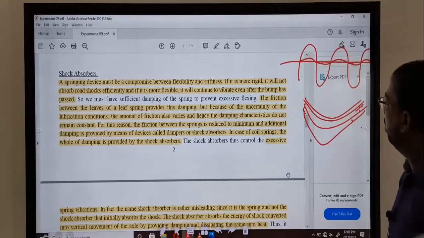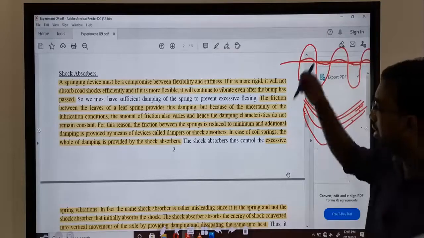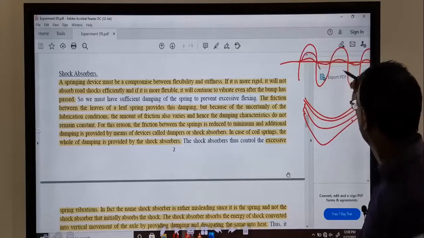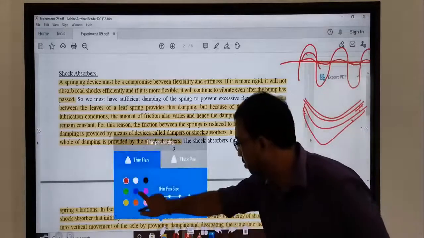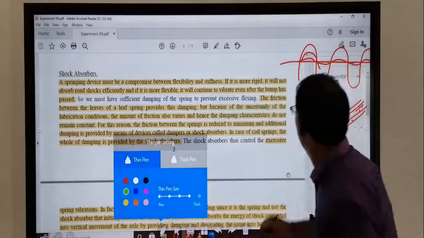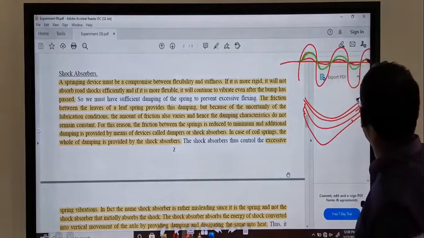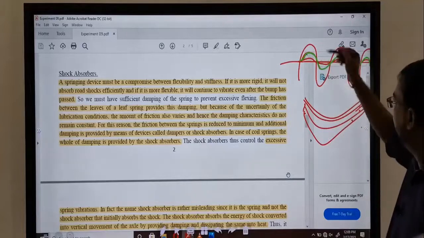So damping means we have to reduce this flexibility, reduce the oscillation.